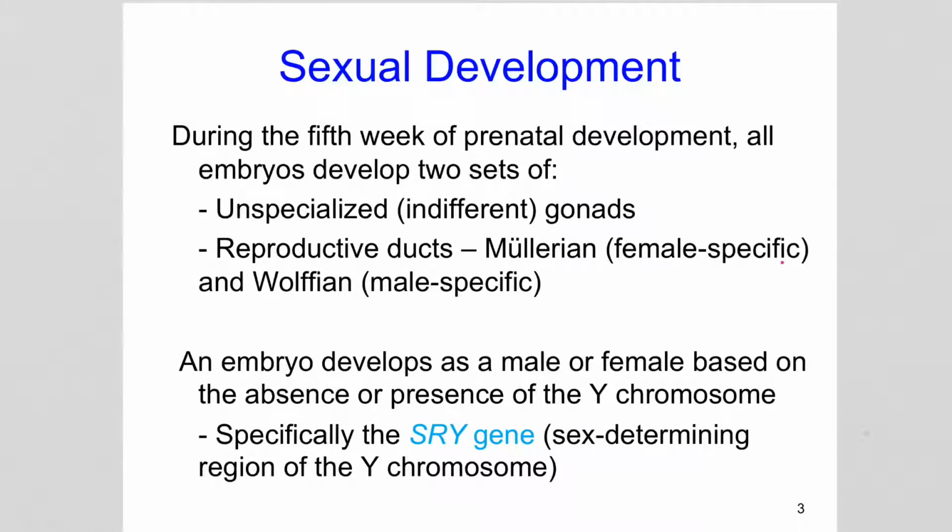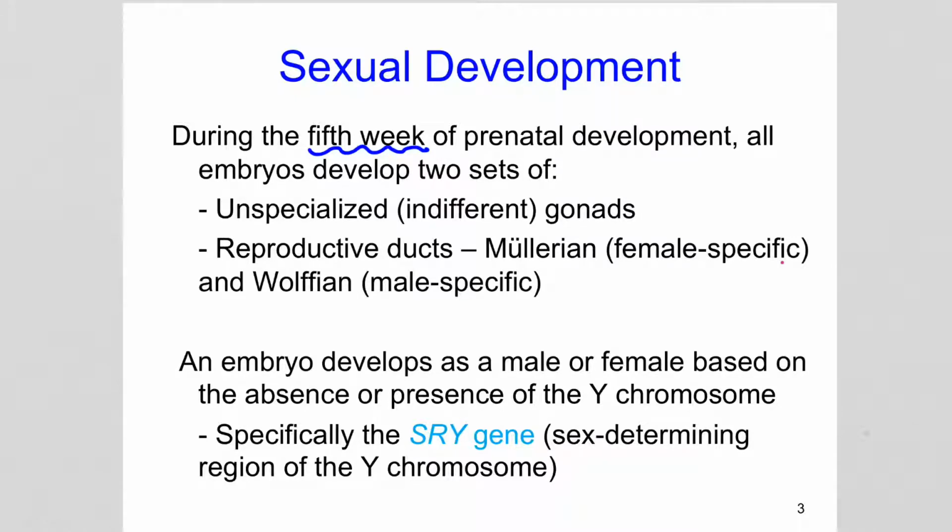That's because starting finally in the 5th week, we start to see some precursors to the gonads and the duct systems. Remember that in the very beginning we have our sperm and egg, they unite. That's our zygote.